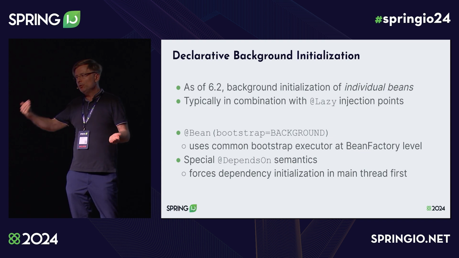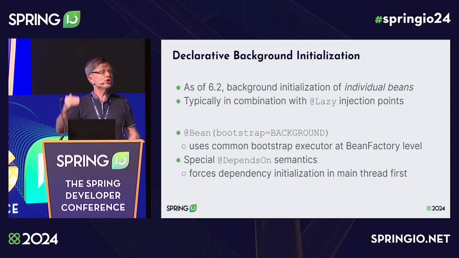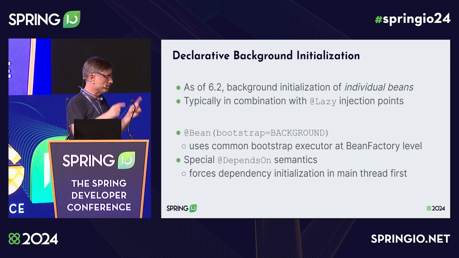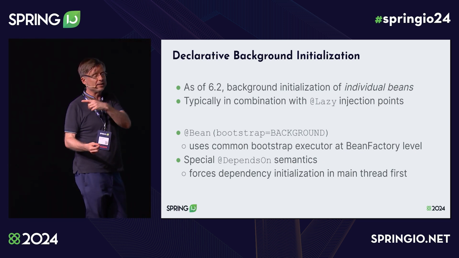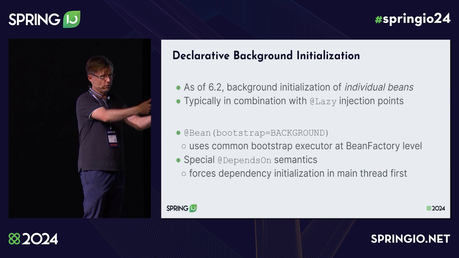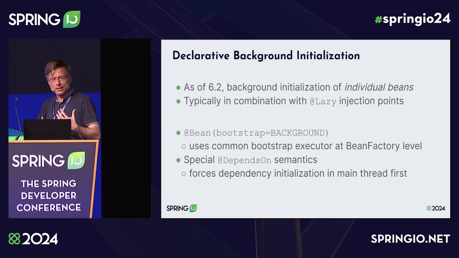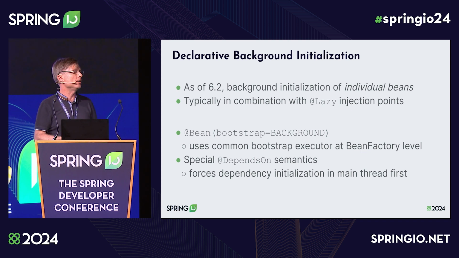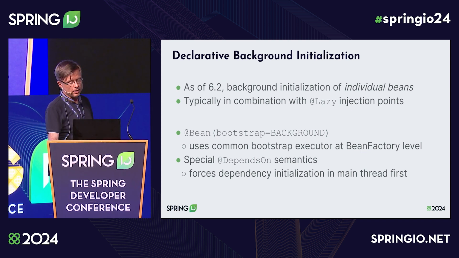If it refers to dependencies, if it needs to have those initialized first, then make sure that it actually happens first. Declare it first, or use @DependsOn to force the initialization of those other beans first. That's part of the preparation that you need to do, the setup that you need to apply to make that mechanism work in your application.